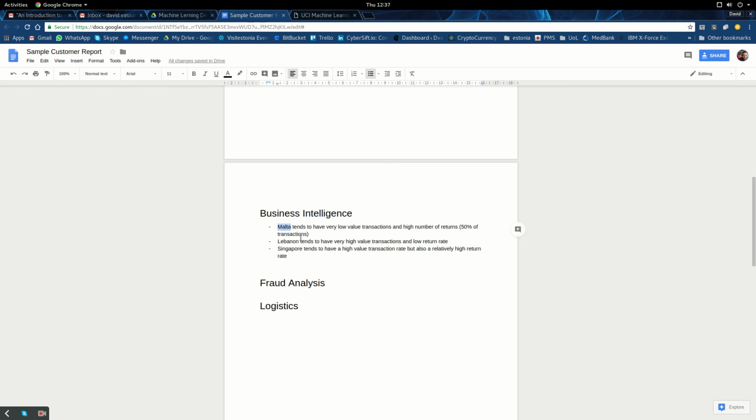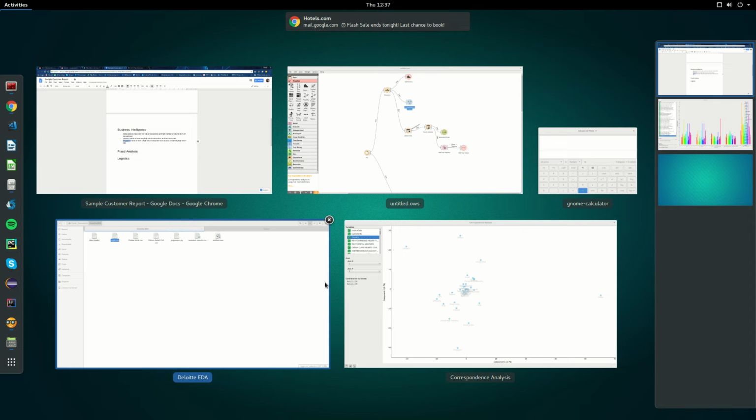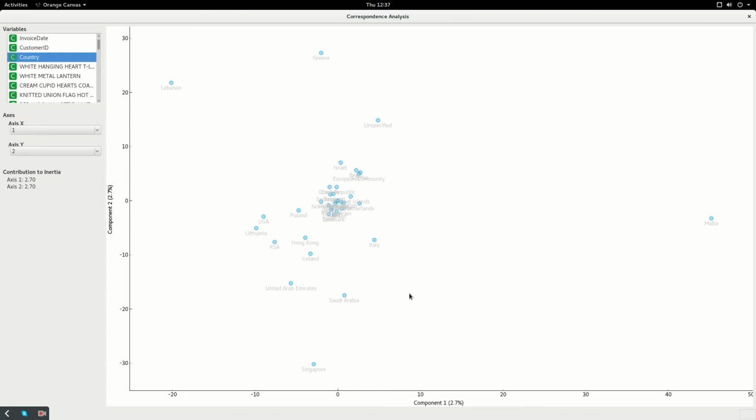While we can focus even more, we need to expand our sales team in Lebanon, and listen, we might have some sort of production problem or something in Singapore, because even though there is a high transaction rate, there's also a high return rate. So this gives us an idea of how correspondence analysis works to sort of focus our data analysis. But the real power of this shines through when we plot multiple variables together.